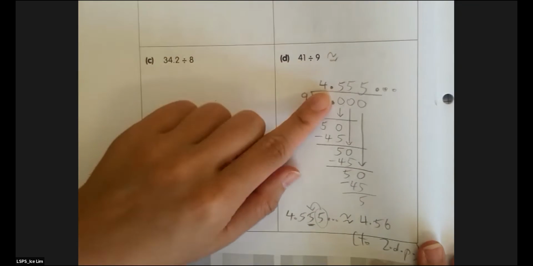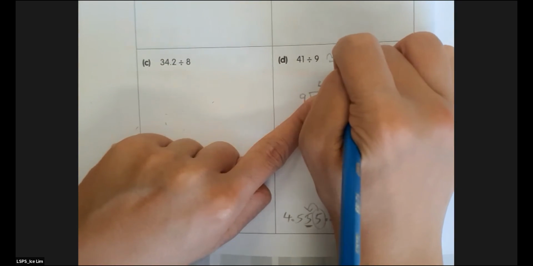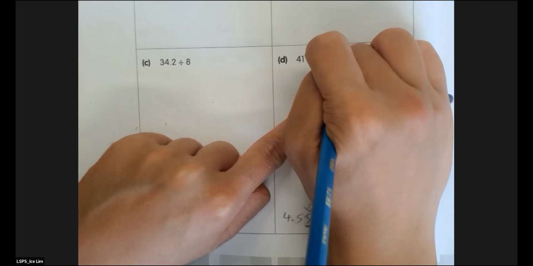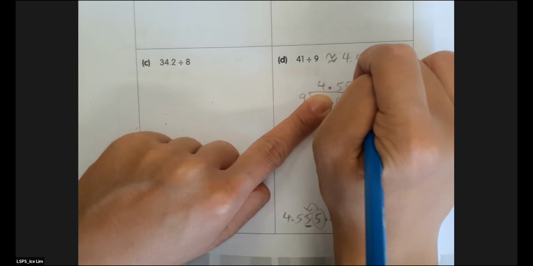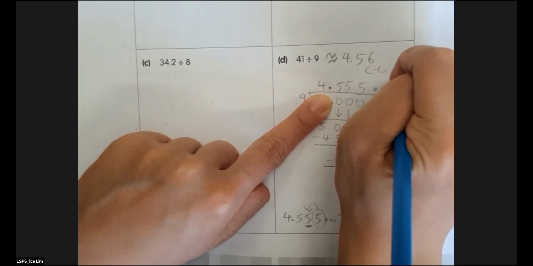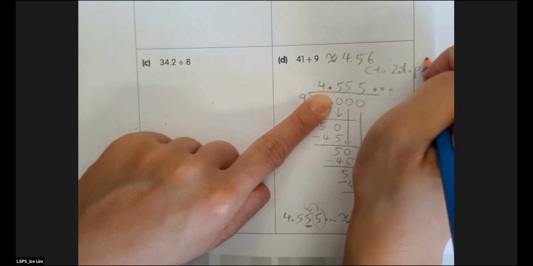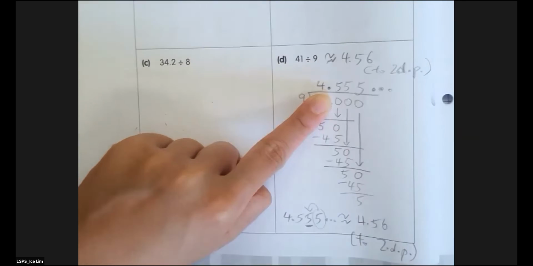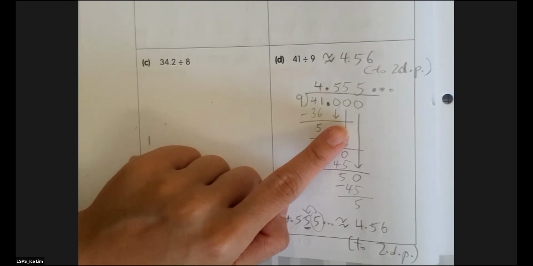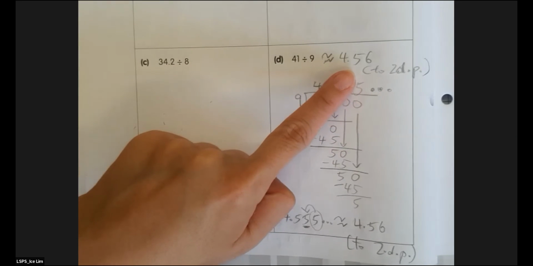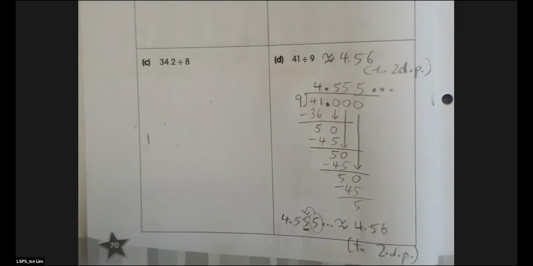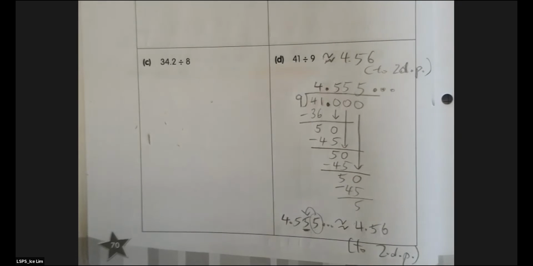So over here, you have 4.56 to 2 decimal places. Can you understand?